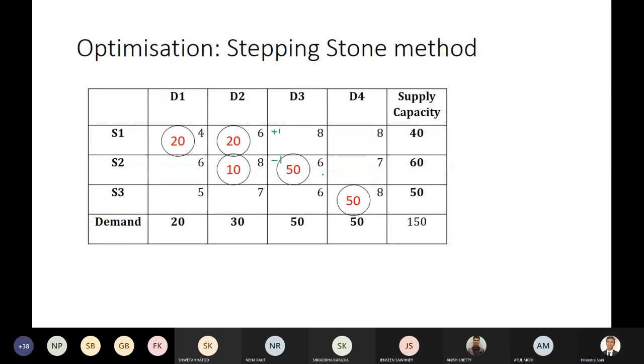So it is just not possible. So this is 60. So if I reduce 1 from here, I will have to add 1 here. Correct? Just to maintain my row and column constraints.